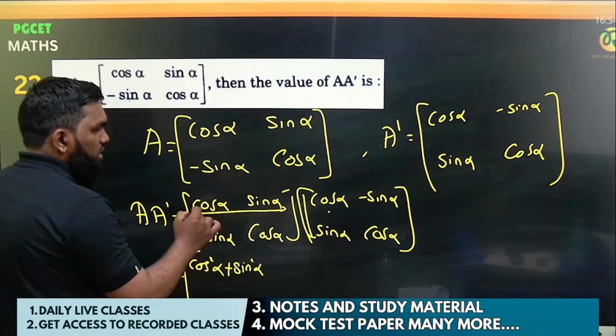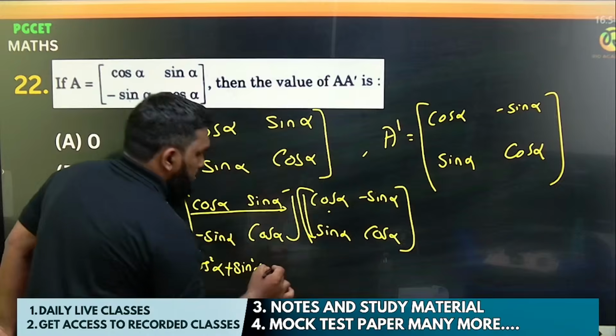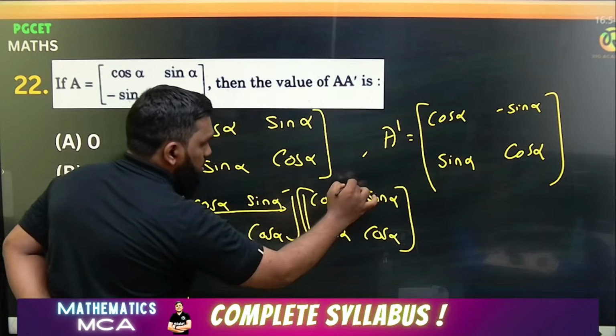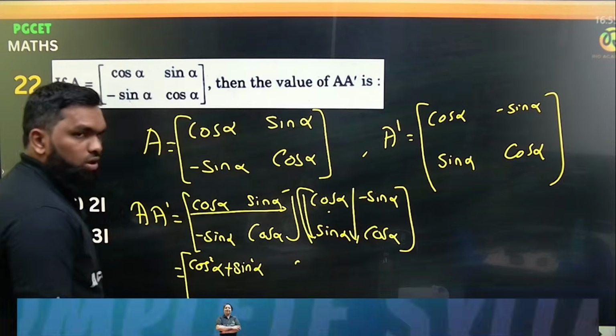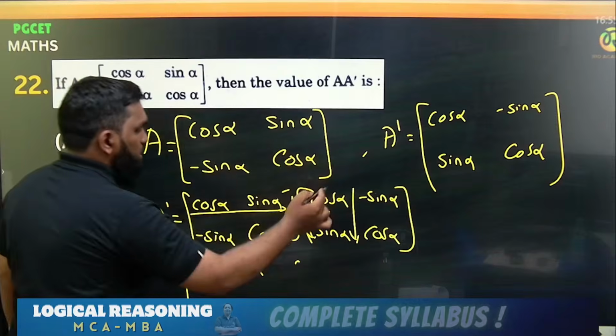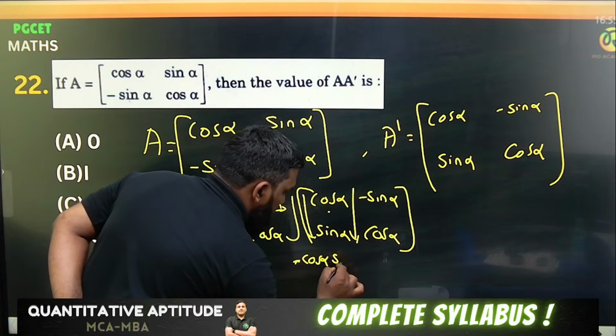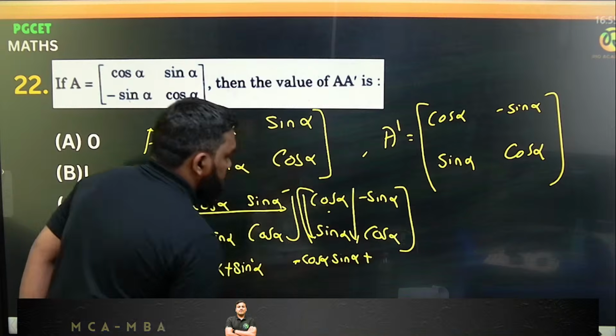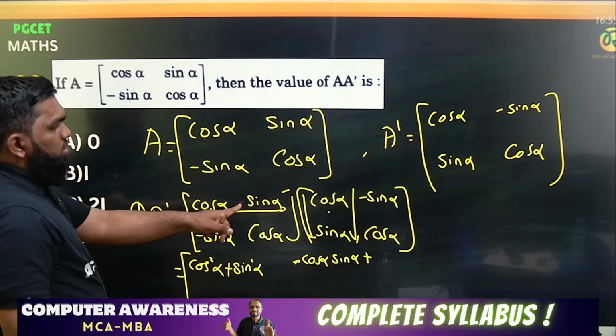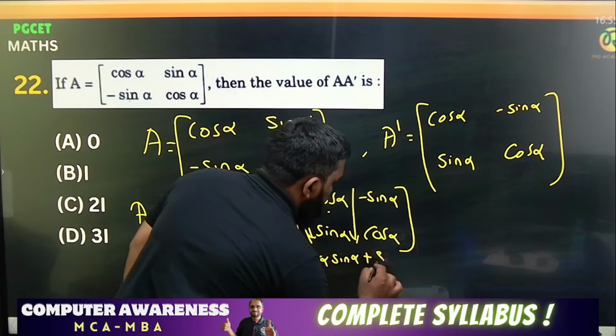First term into the corresponding first term, second term into the next term. You have to remember this here. Next, first row, second column: cos alpha into minus sin alpha, minus cos alpha sin alpha, plus sin alpha into cos alpha.